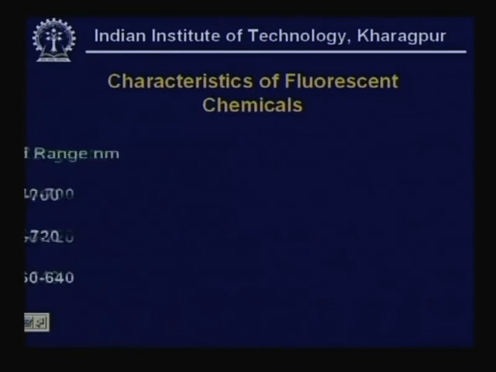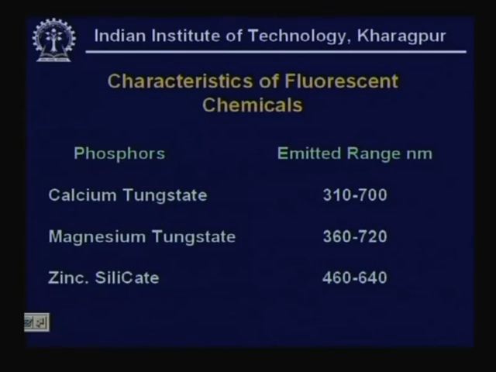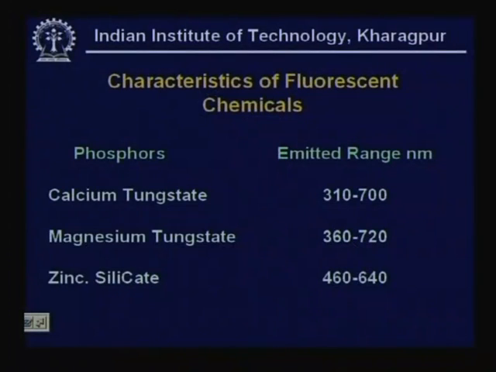Continuing with the characteristics of these chemicals, the range of emission is also equally important. After having absorbed the light, after going into fluorescence, what spectrum does it emit? That is very important. You see calcium tungstate is around 310 to 700, which means it is covering the entire spectrum of the visible zone.